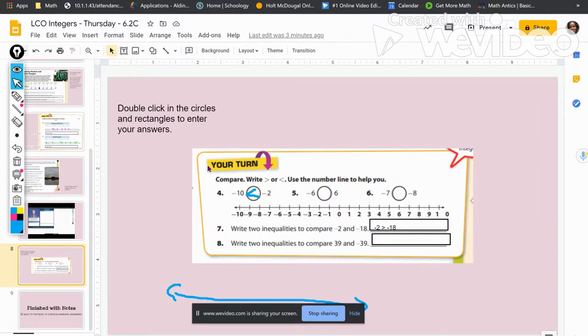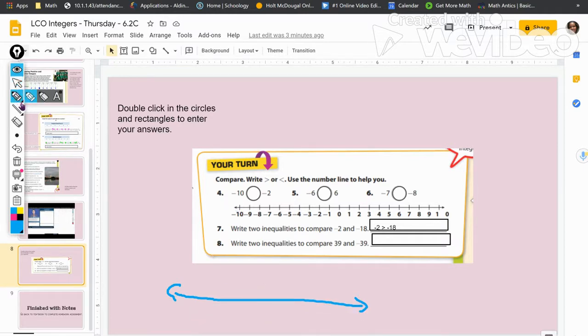I wanted to talk about comparing using the greater than and less than symbols. Use a number line to help you better understand the comparisons. So my first one says -10 and -2. -10 is less than -2 because if I look at my number line, -10 is all the way to the left, while -2 is just right here.